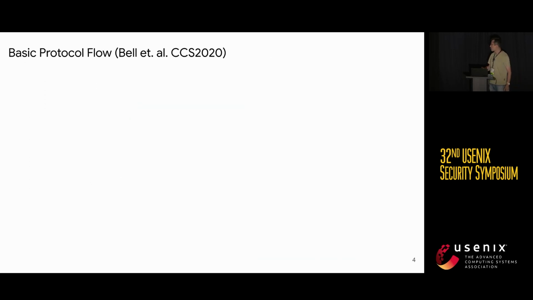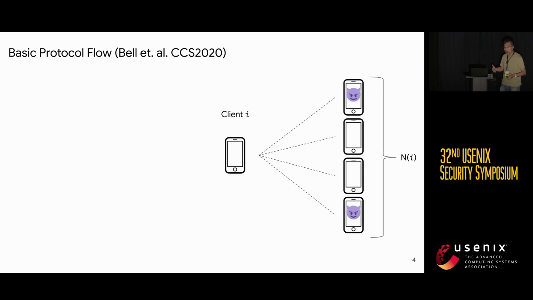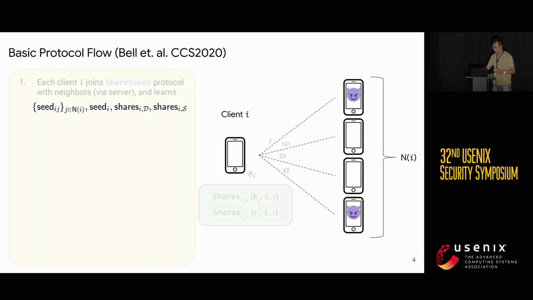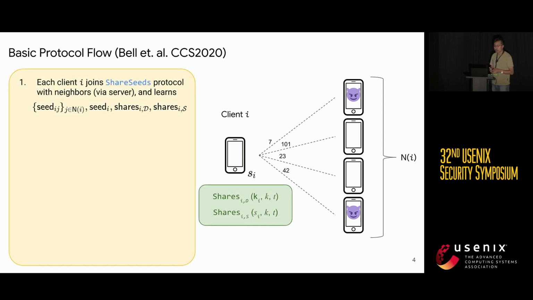Our work is based on a previous work from CCS 2020. I'm going to show you the basic protocol flow, because our protocol essentially uses their protocol as the template. At the beginning of the protocol, every client talks to its neighbors in a subprotocol called share seed.